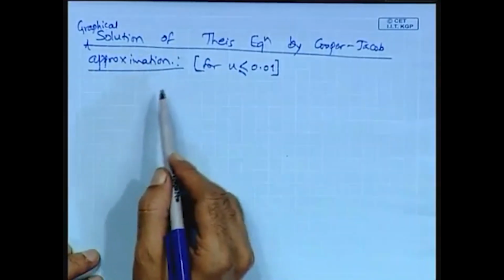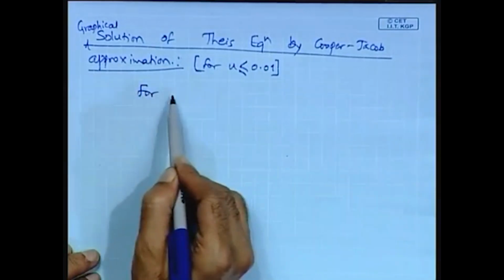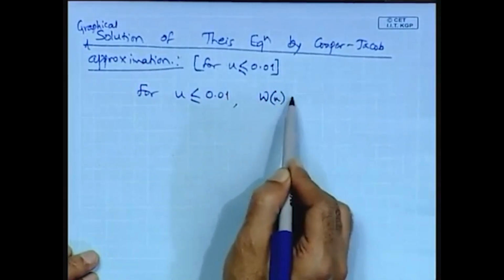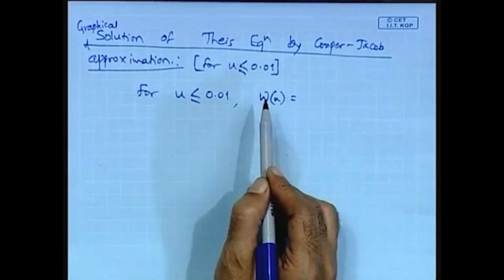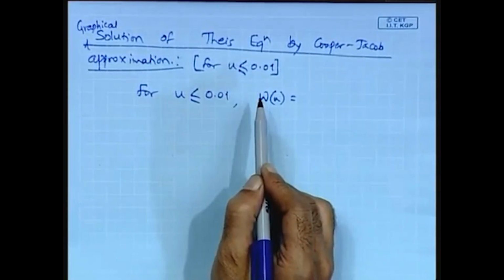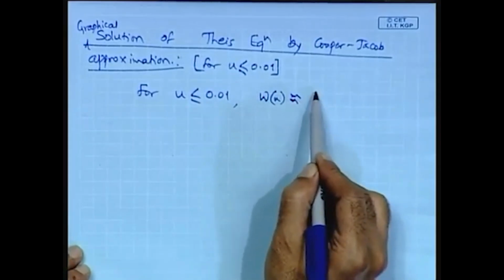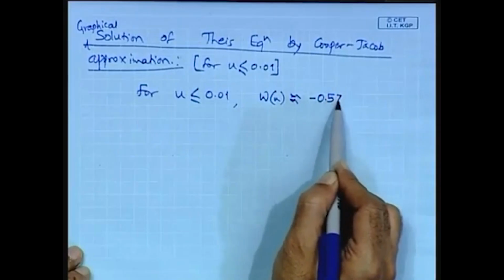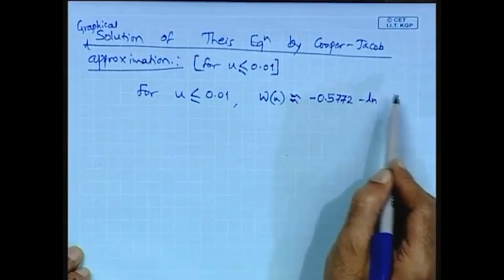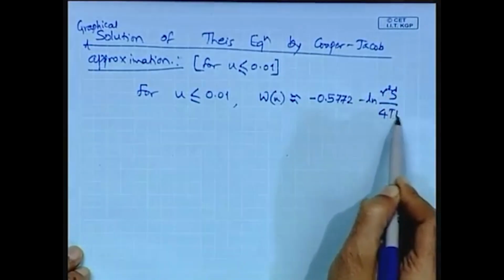In such cases, say for u less than or equal to 0.01, the well function W is given by just the first two terms. The well function is approximately equal to minus 0.5772 minus natural log of the well function parameter, which is r square S divided by 4 t into t.